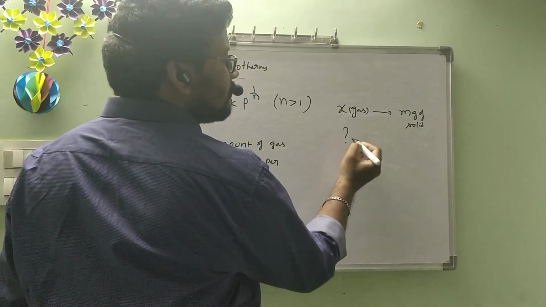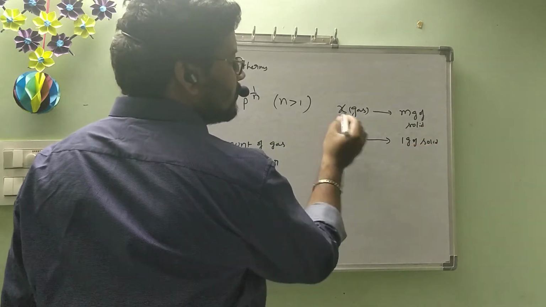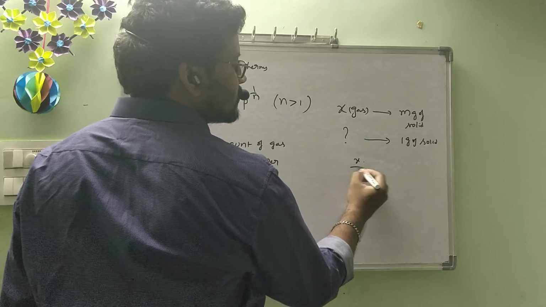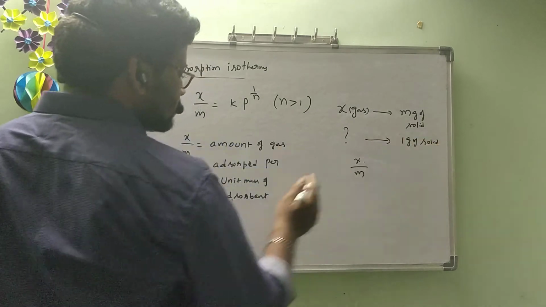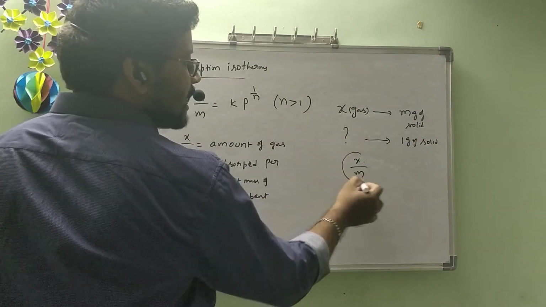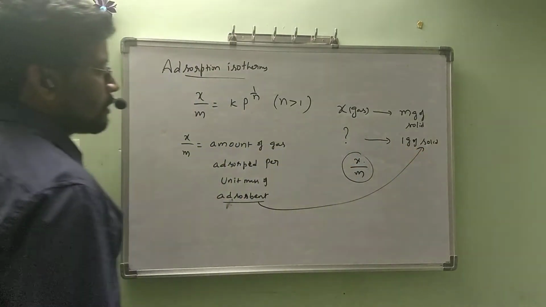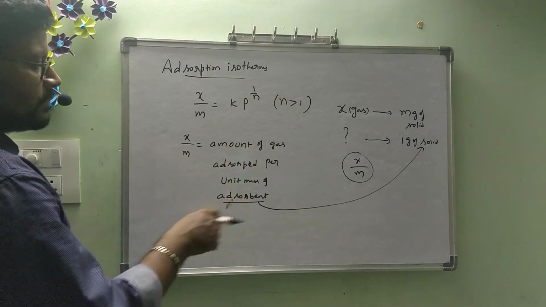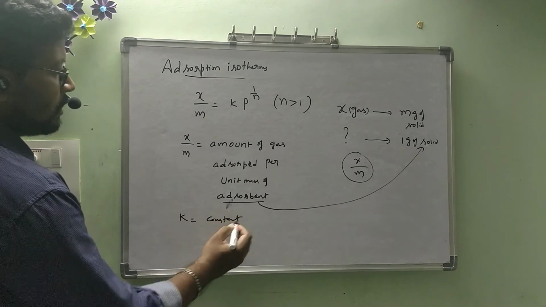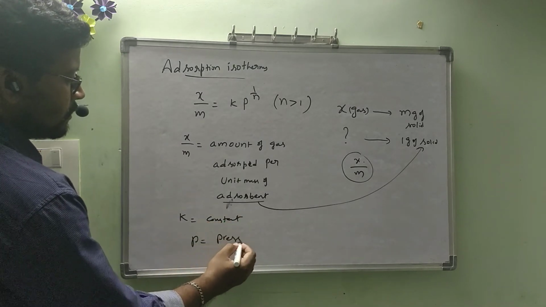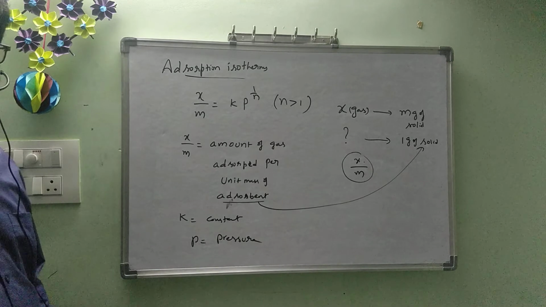Then how much amount of gas will be adsorbed on 1 gram of solid? Then it will be x into 1 divided by m, x by m. This is the amount of gas adsorbed on 1 gram of solid. This adsorbent is nothing but solid. So x by m is equal to amount of gas adsorbed per unit mass of adsorbent. k is equal to constant and p is equal to pressure.